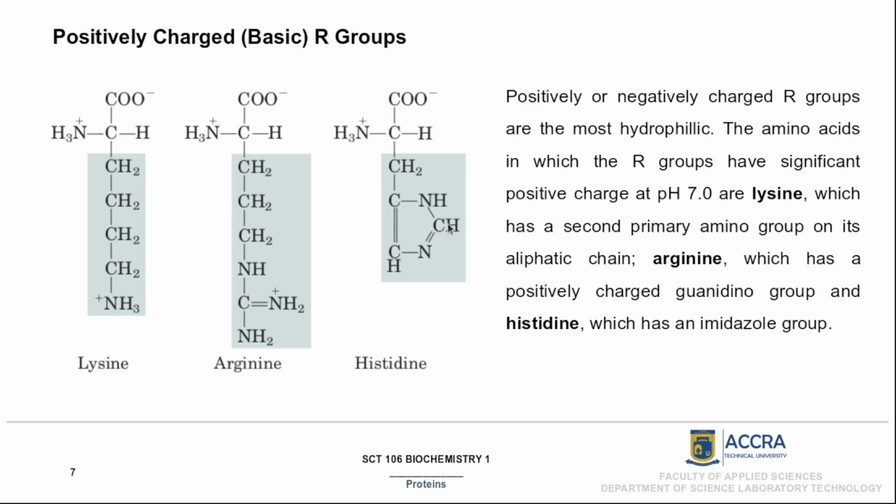Histidine is the common amino acid having an ionizable side chain with a pKa near neutrality. In many enzyme catalyzed reactions, a histidine residue facilitates the reaction by serving as a proton donor or acceptor.